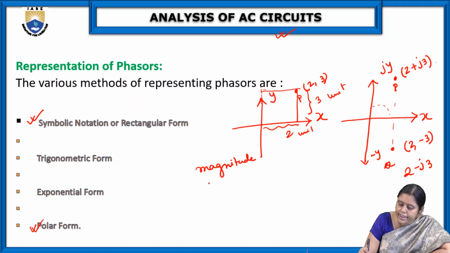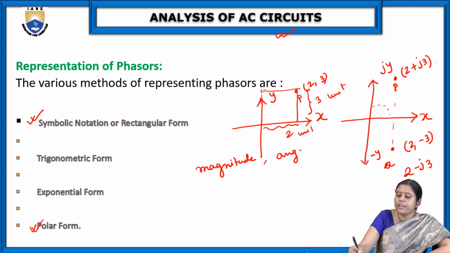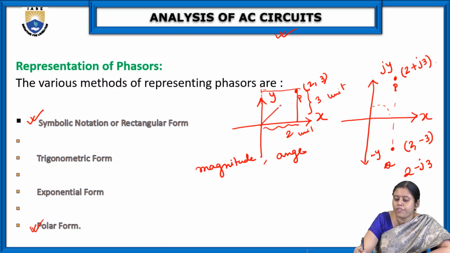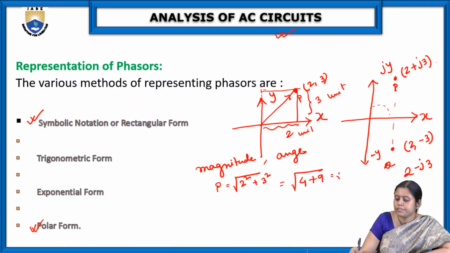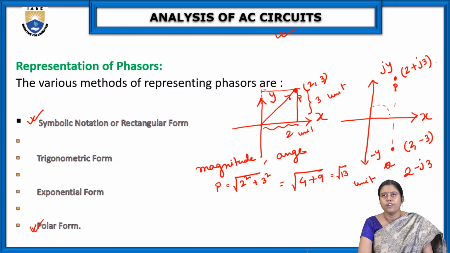If this is 2 and this is 3, what is the magnitude from the origin to this point? The magnitude is the root of 2 square plus 3 square, which is root of 4 plus 9, root 13 units.